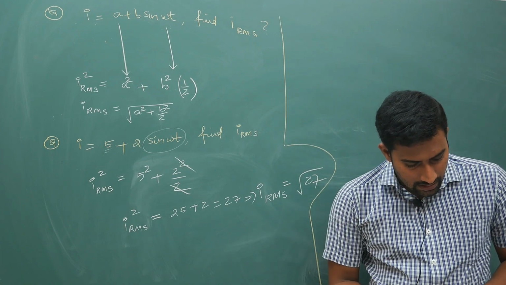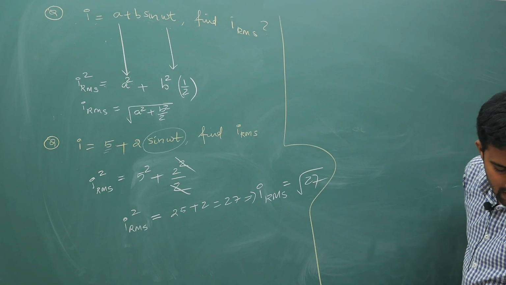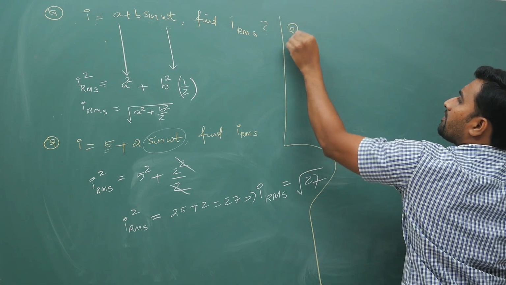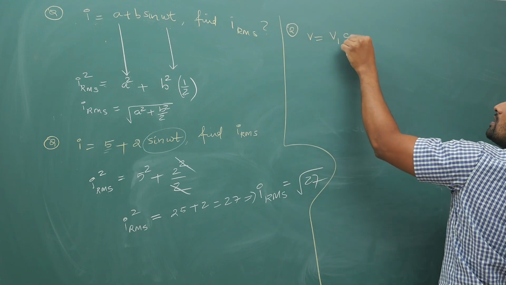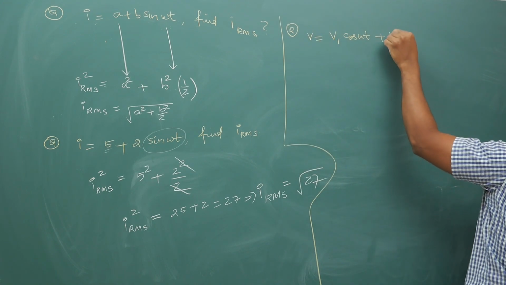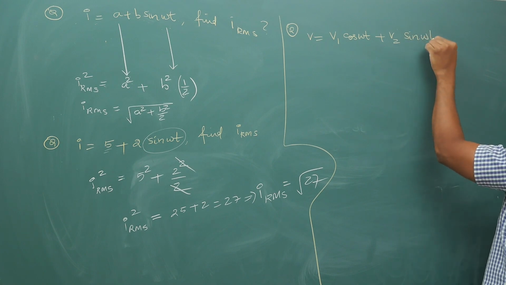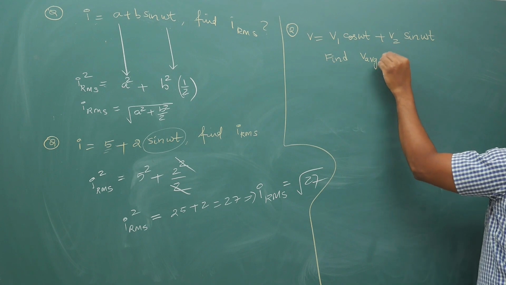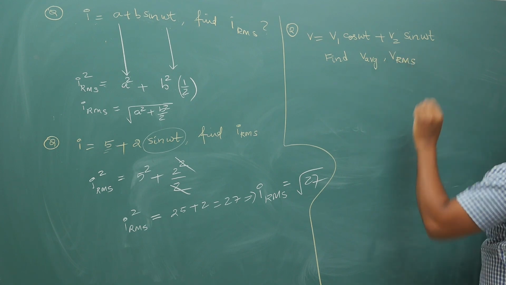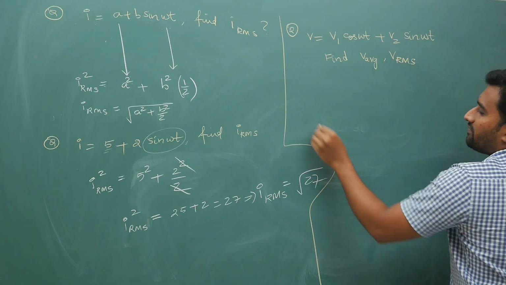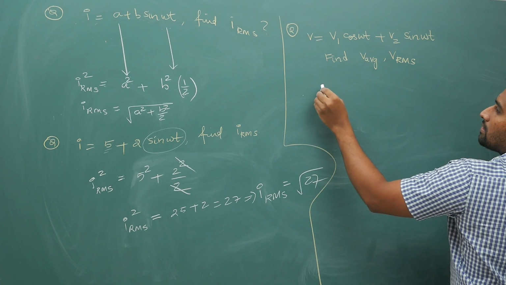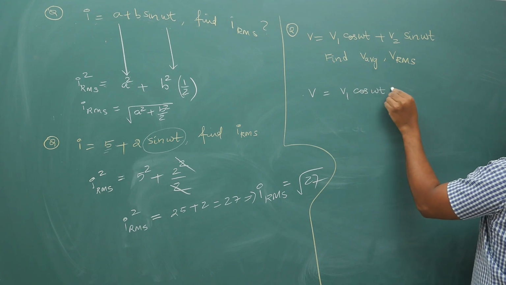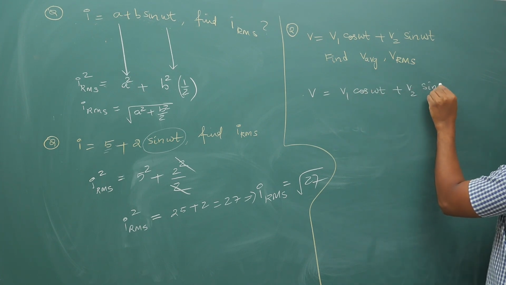Now next, let us say you have voltage V equal to V1 cos omega t plus V2 sin omega t.